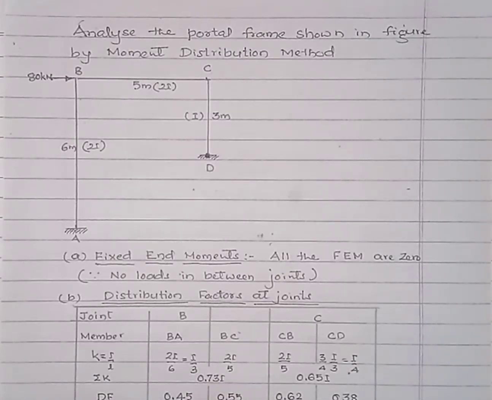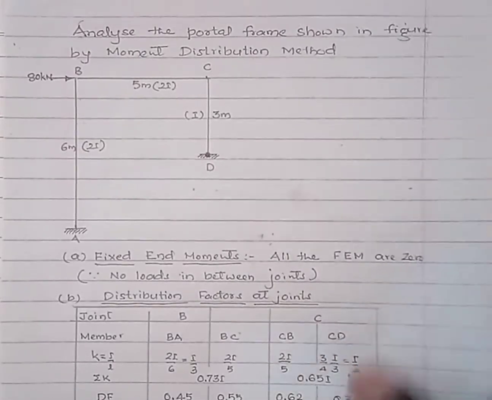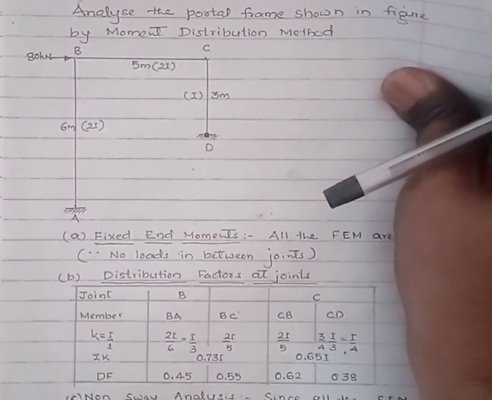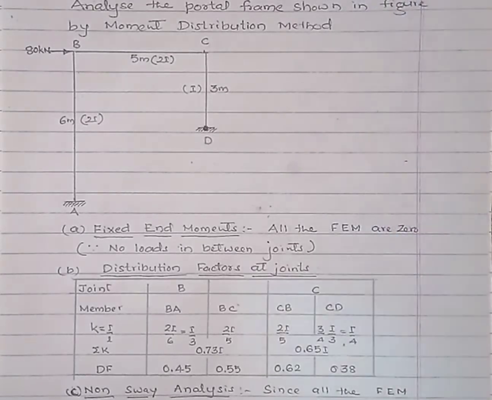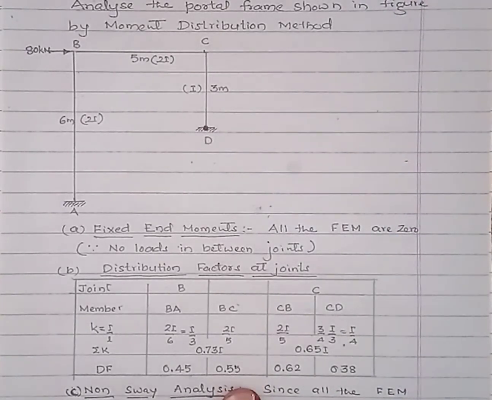Then the distribution factor for BA is KBA divided by summation K, which equals 0.45, and for BC, KBC divided by summation K, that becomes 0.55.